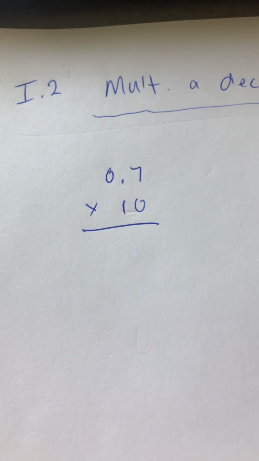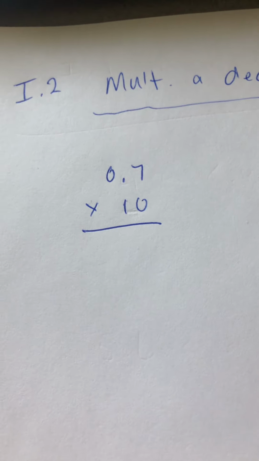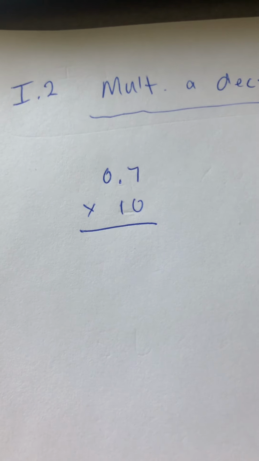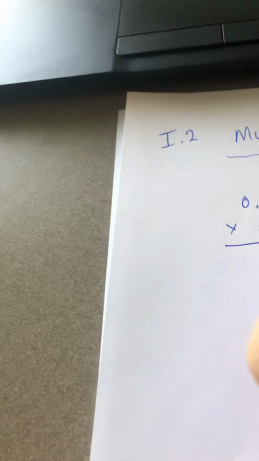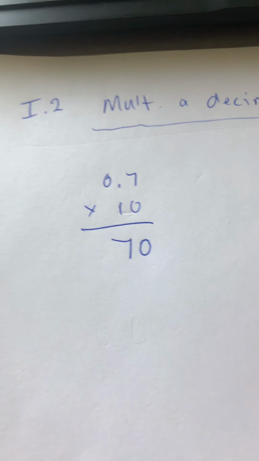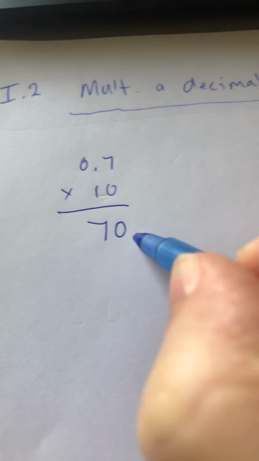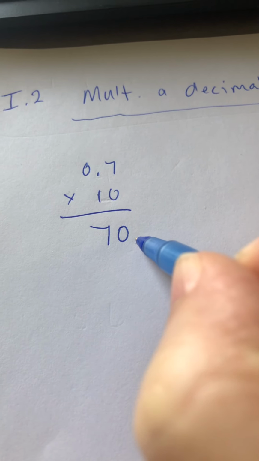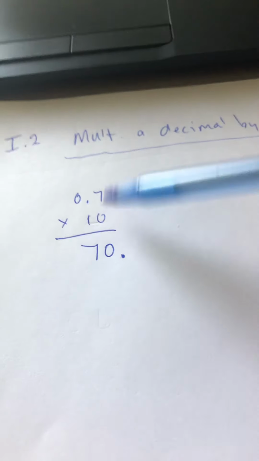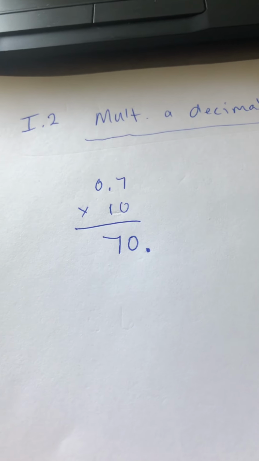When you're working with decimals, okay, the biggest thing for me is to just multiply. What is 7 times 10? 7 times 10 is 70. Then you always assume, okay, just assume that the decimal place is here on the right. Because 7 times 10 would be a whole number, so you'd have 70 whole.